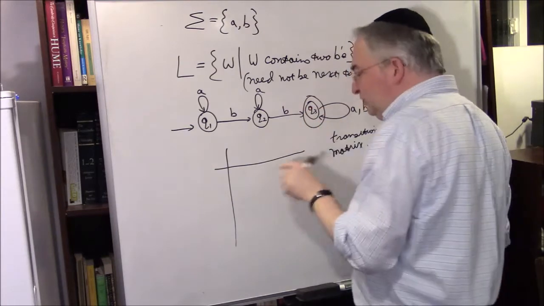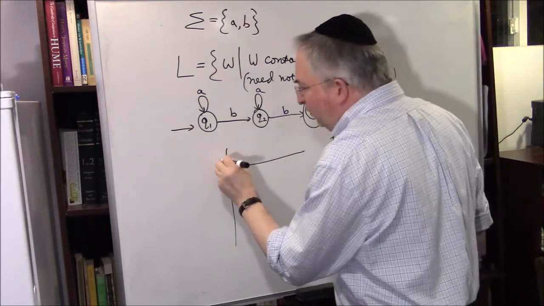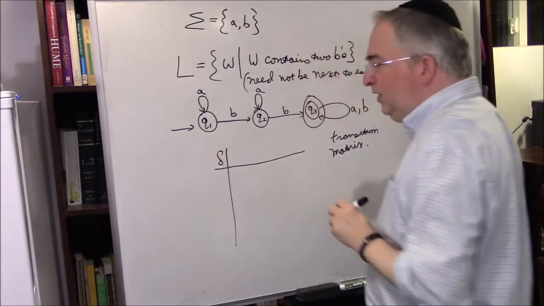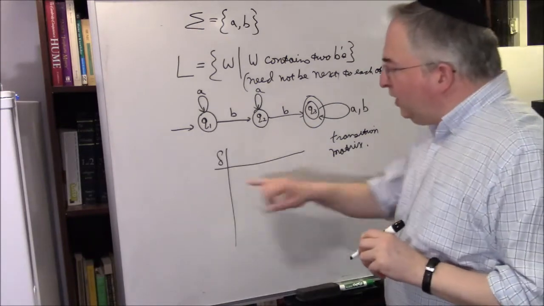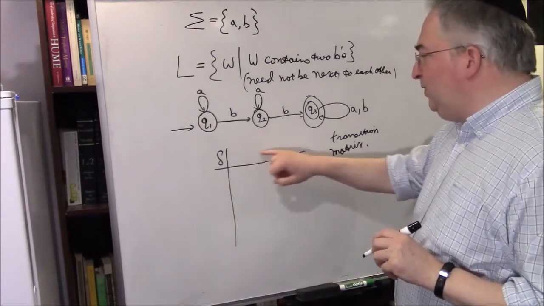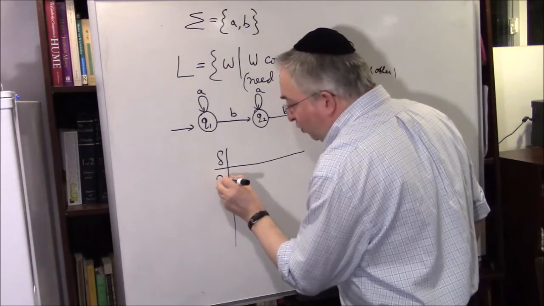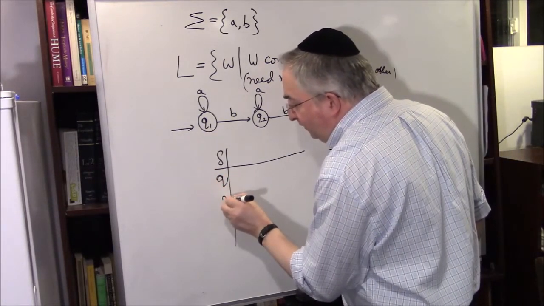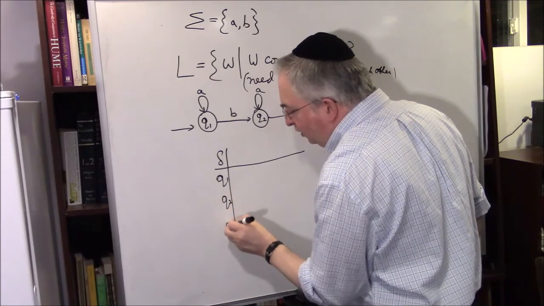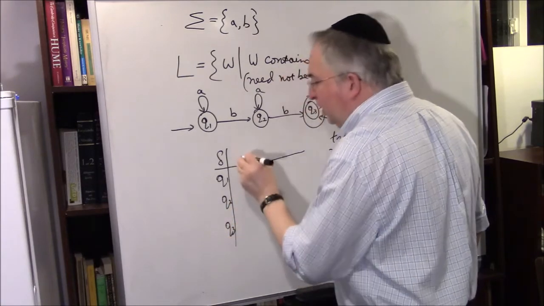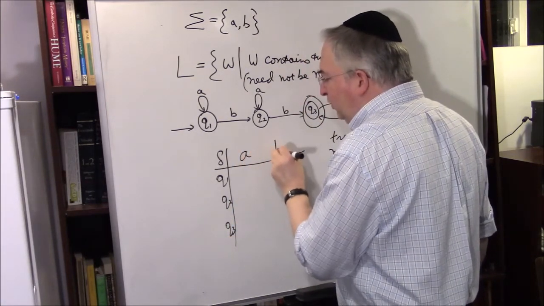Okay? And this is what's called the transition matrix. We're going to write it like this with a little delta over here. And what it says is, tell me what state you're in, tell me what letter you see, and I'll tell you what to do. So there's one of three states, Q1, Q2, Q3, and you either see the letter A or you see the letter B.